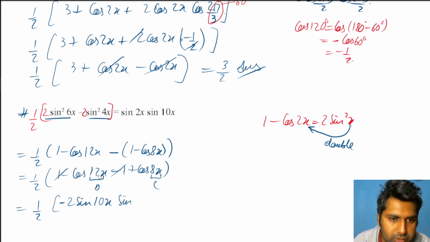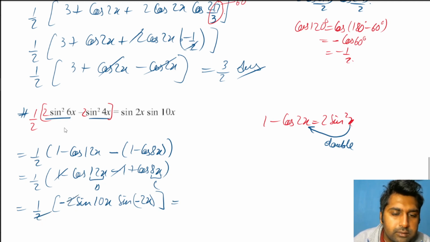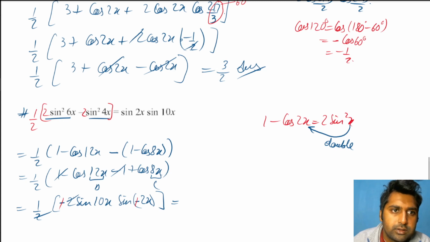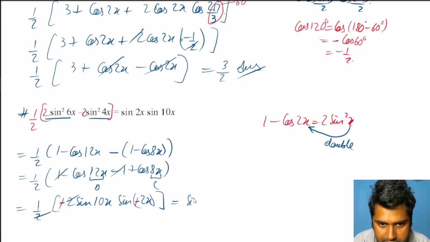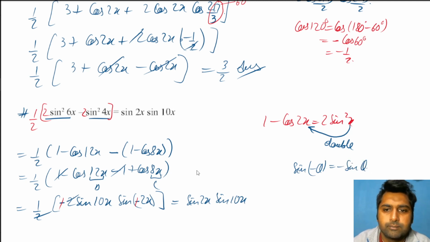So 8 minus 12, minus 4 divided by 2, minus 2x. Okay, this 2 and this 2 cancels, and the negative can come outside, so when it comes outside it will cancel this negative, so that generates your RHS, sine 2x sine 10x. I've used sine of minus theta is minus sine theta.